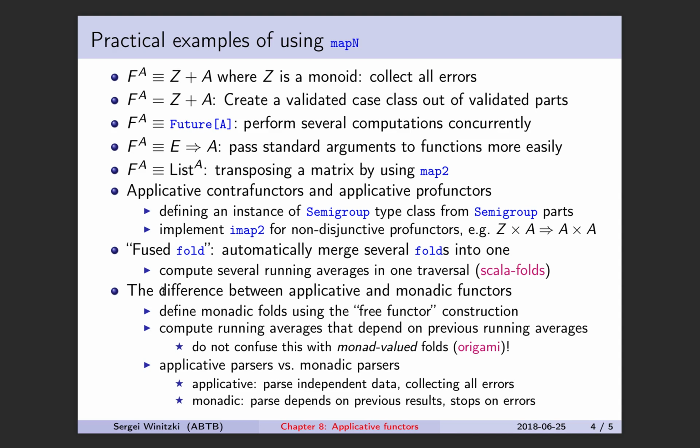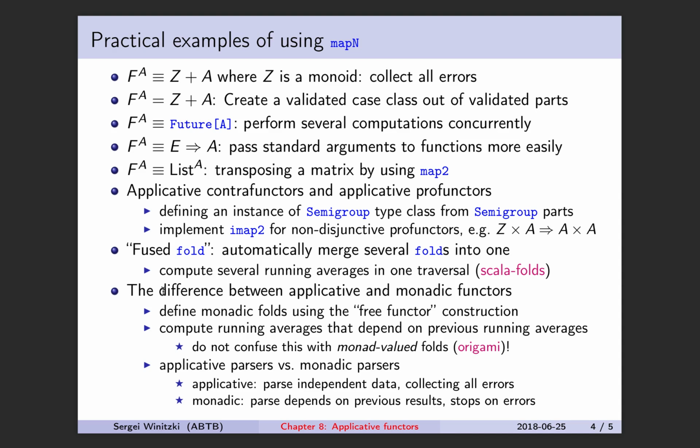So for example, average of a sequence is a division of the sum of a sequence and the length of a sequence, and sum and length are completely independent of each other. So that's a component-wise operation in a sense, and so that's applicative by our intuition.